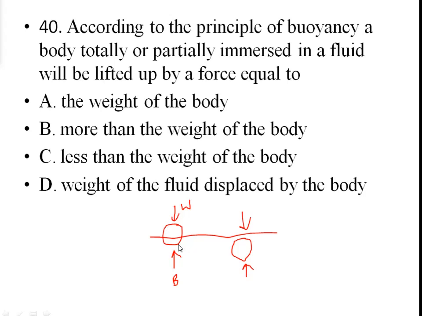So the object is floating on the water. On the right side, the object weight is greater than the buoyant force acting on it. So the object sinks into the fluid. So here we have the answer: weight of the fluid displaced by the body.